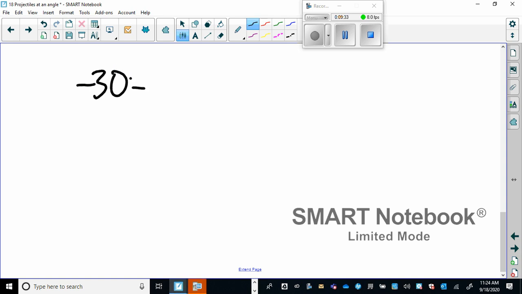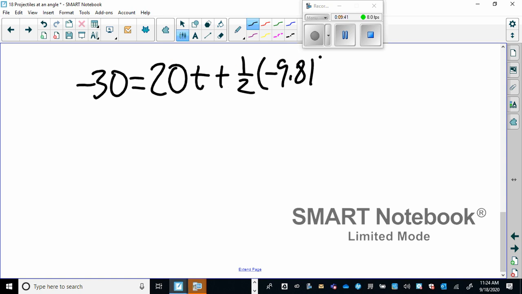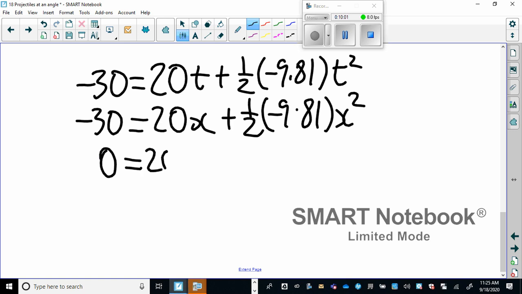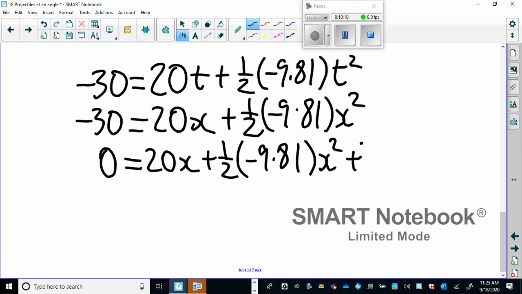Negative 30 equals 20t plus 1/2 a t squared. And I'm just going to replace the t's with x. So we're into the math world now. X squared. And then I'm going to move the 30 over to the other side just so I get 0 over here. Plus 30.